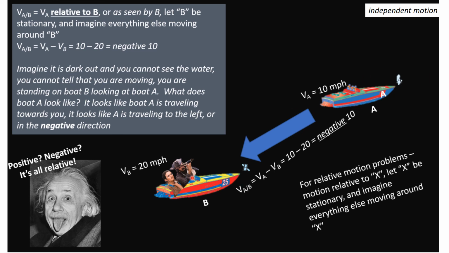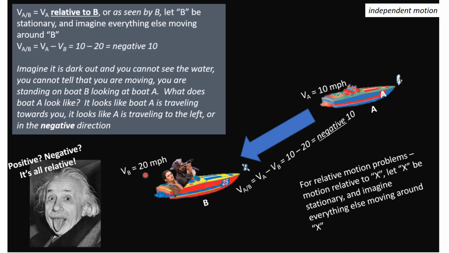Let's say you are sitting in boat B, and we want the velocity of A relative to B, from B's point of view. Remember you can't see the water, the only thing you can see is the other boat. What does it look like that other boat is doing? Well, if you were going 20 and he's only going 10, you're catching up with him.